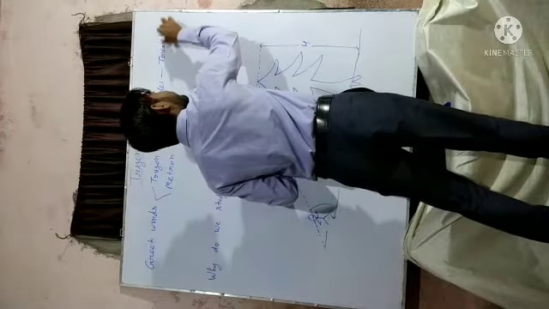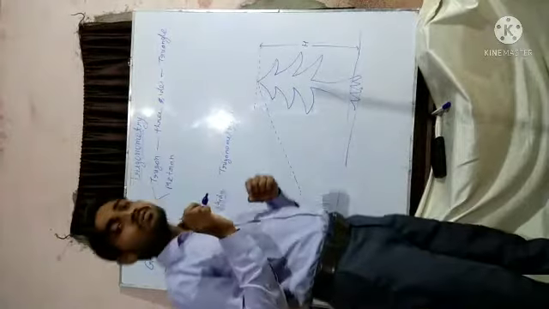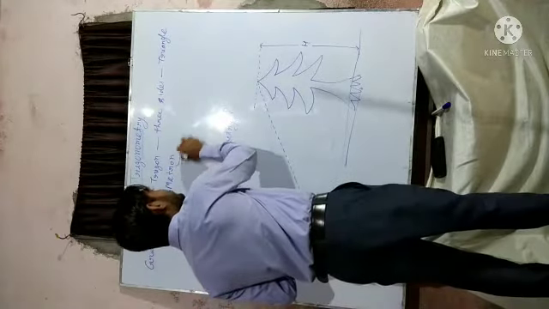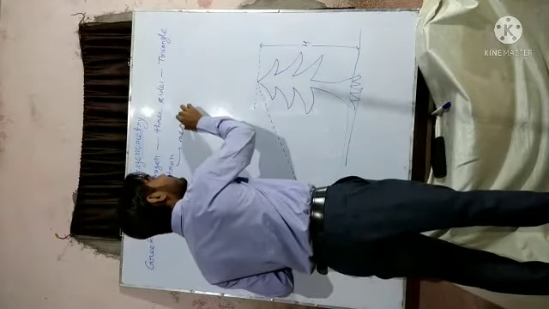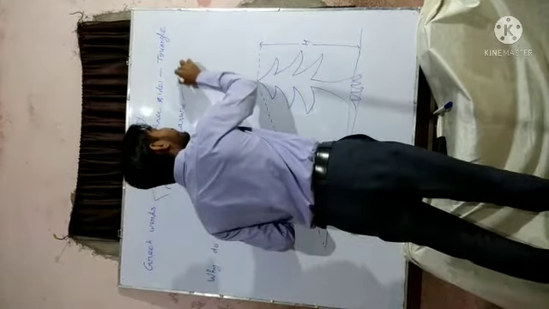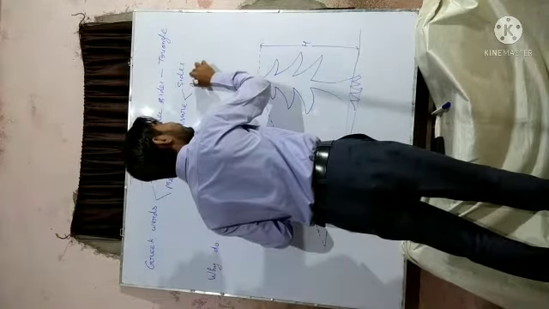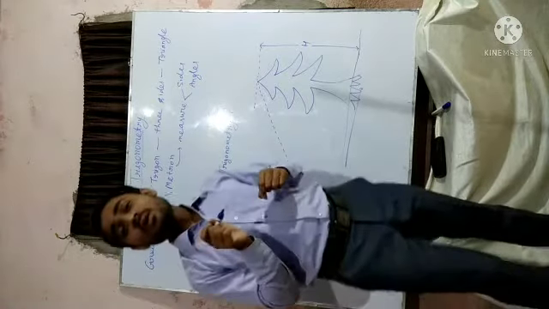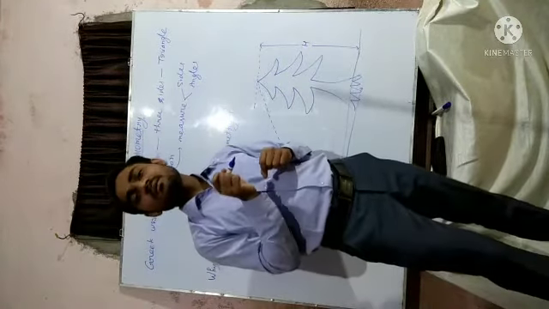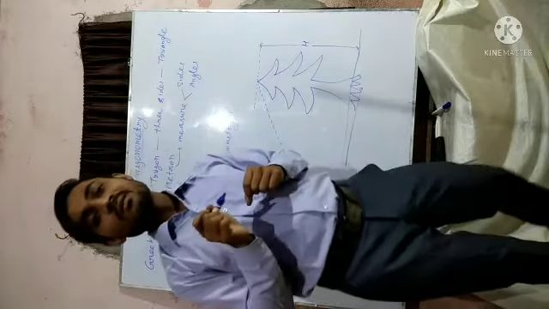So in a triangle there are sides and angles, so we need to measure sides of the triangle and angles of the triangle. So trigonometry is a branch of mathematics which deals with the triangles.